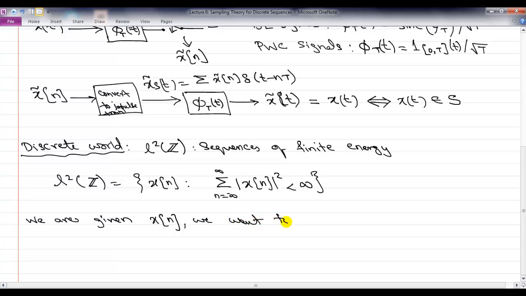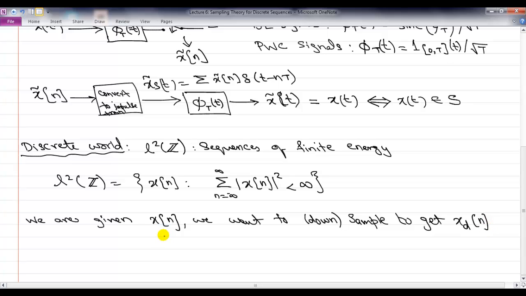We want to sample them, and the traditional term that is used is downsample, but we are not going to overemphasize the word down. We are just going to sample them. We are given x[n], we want to downsample it to get, I'll denote that x_d[n].